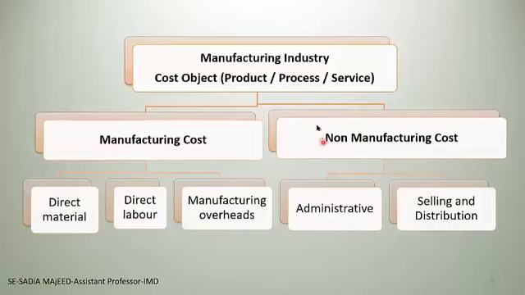The second classification of the cost related to the manufacturing industry is the non-manufacturing cost. Non-manufacturing cost mainly includes administrative cost and selling and distribution cost.